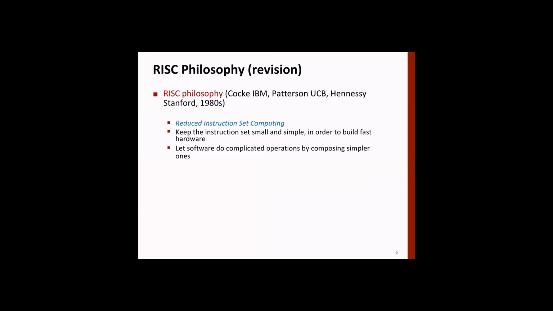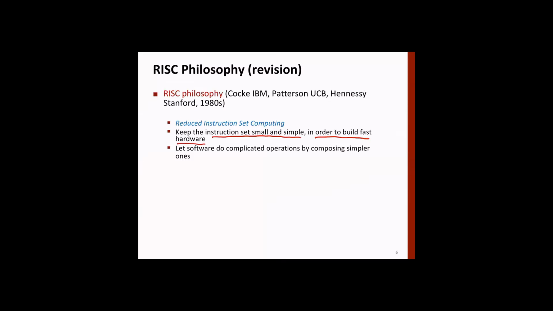This architecture was proposed by Patterson and Hennessy. These two great people have also written a book that we are using in this course. They came with the idea that there's no need for the instruction set to be complex. Instead, the instruction set could be very simple. It means the format of instructions, types of instructions, and number of instructions can be very, very simple. Keep the instruction set small and simple in order to build fast hardware.